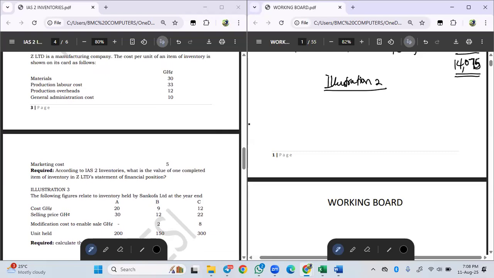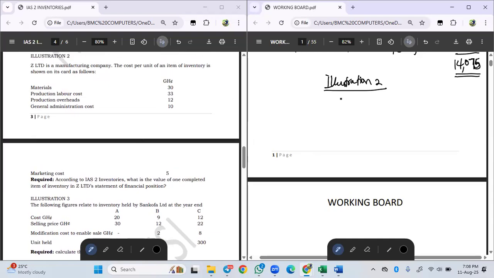Okay, thank you. So this is what we are going to do. Based on the component that we just discussed, you can tell me the cost of that particular inventory. So we are going to add materials 30. What again? Production labor costs. So that is the direct labor 33. Production overheads, yes, but you will not add general overheads.